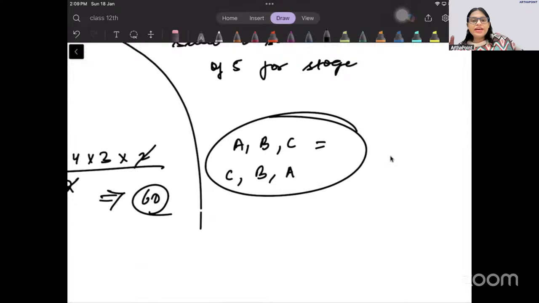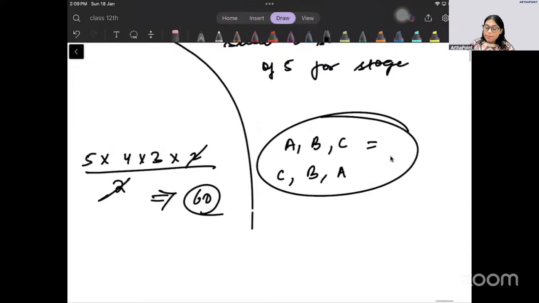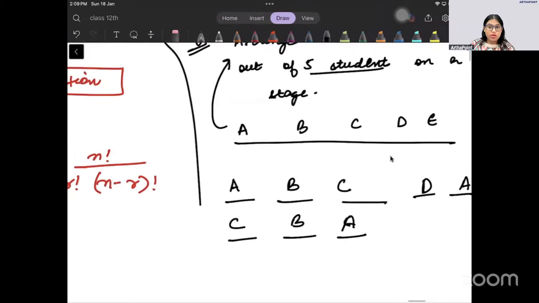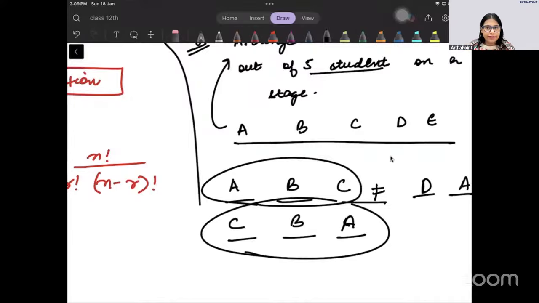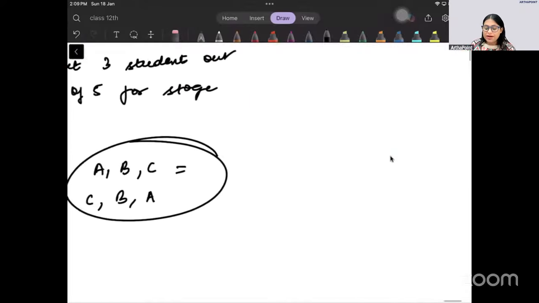Okay. So whether A was selected first and then B and then C, या पहले C select हुआ and then B and then A, does not matter. Because I just wanted 3 students on the stage. But here I wanted to arrange students. हाँ, तो यहाँ पे it mattered. ABC was not equal to CBA. Both are different. But here both of them are the same.